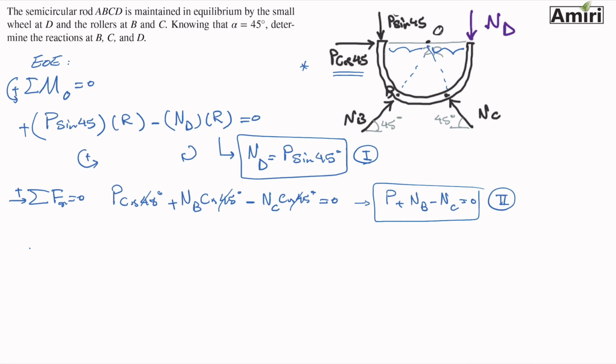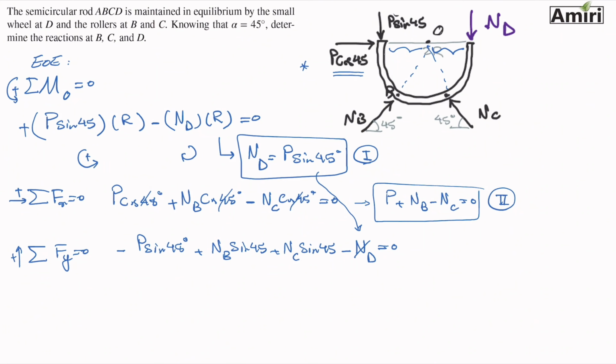And let's write our last equation, summation of forces in y. I'm going to go a little bit faster here. Minus P sine 45 plus NB sine 45 plus NC sine 45 and minus ND equals 0. I have my ND right there, so I can just write this as P sine 45 degrees.